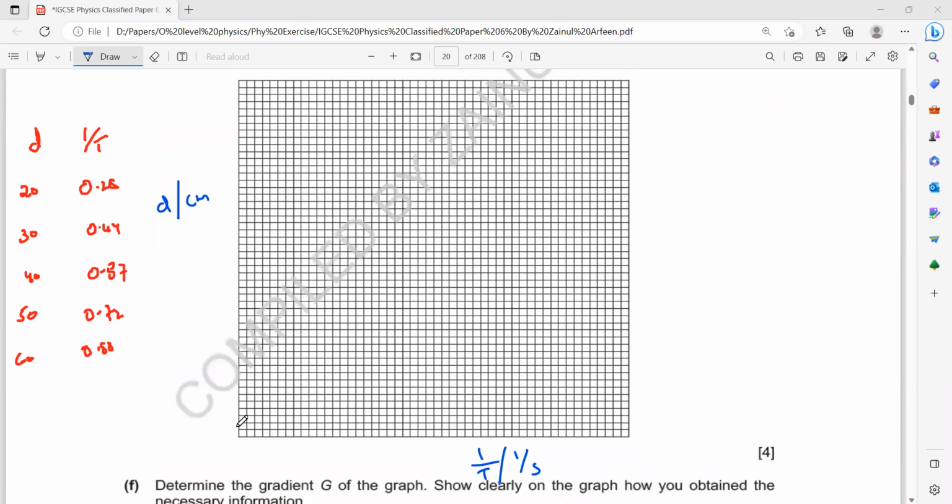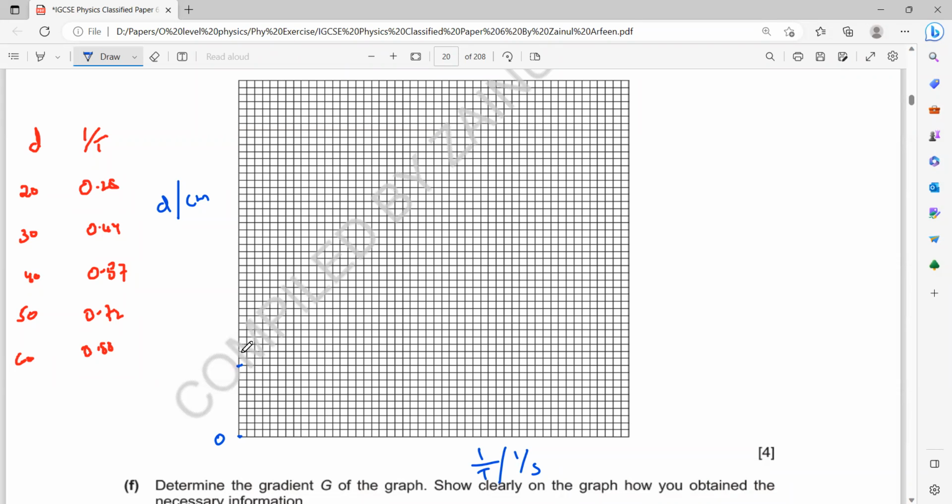Now we mark the points. As they did not mention starting from the origin, for example, this is 0. The minimum value is 20 and the maximum is 60, so we have to complete within 60. So 1, 2, 3, 4.